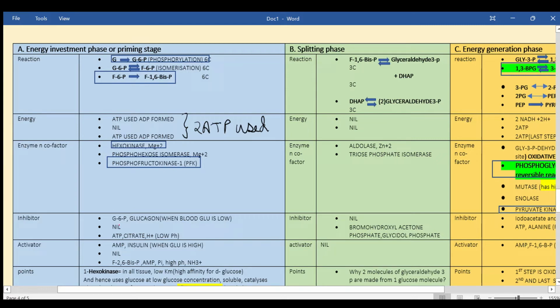And citrate, low pH, why are they acting as inhibitors? Because citrate, or precisely citric acid, is the intermediate product in the Krebs cycle, or TCA cycle, that is tricarboxylic acid cycle, which happens just after glycolysis, which is the second important metabolic step in our body.